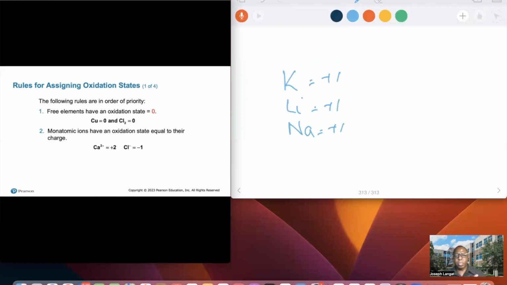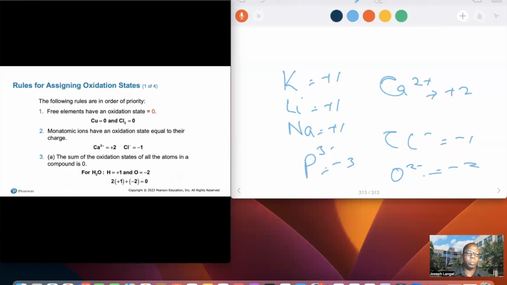You have to look at the group number. Calcium is in group 2, so it's going to be plus 2. Chlorine, negative 1. Oxygen, negative 2. Nitrogen, negative 3. You have to look at what group it belongs to.